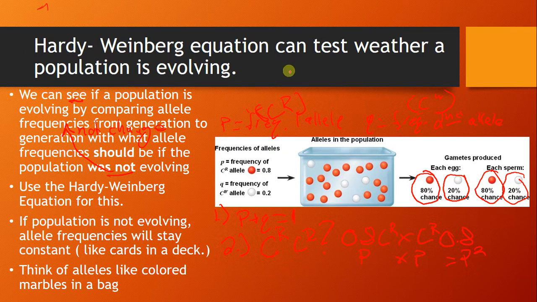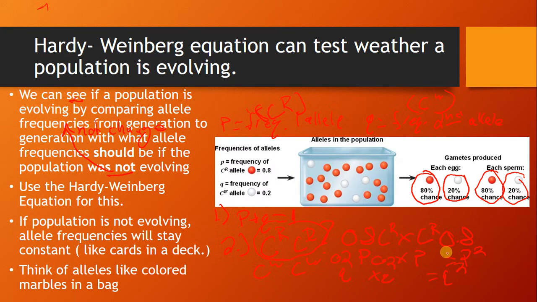So if a population isn't evolving, we would expect that every generation, the amount of CR genotype is the frequency of the P allele squared. Same thing we could do with the Q. CW times CW would be Q, which is 0.2, times Q, 0.2, Q squared.